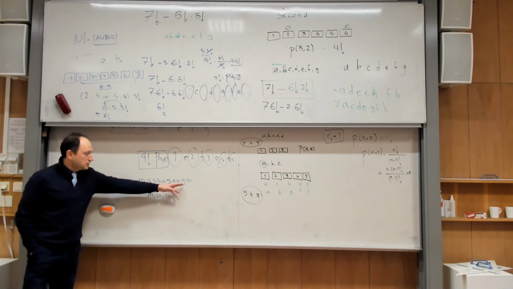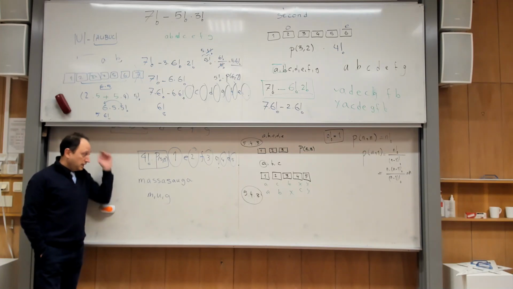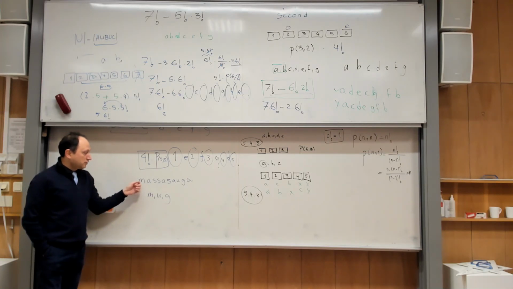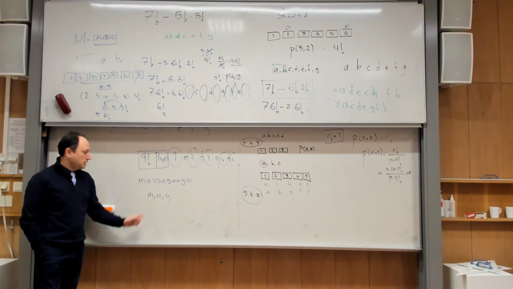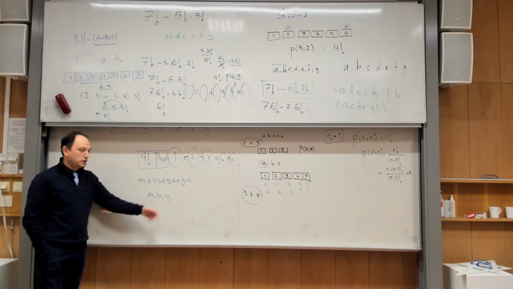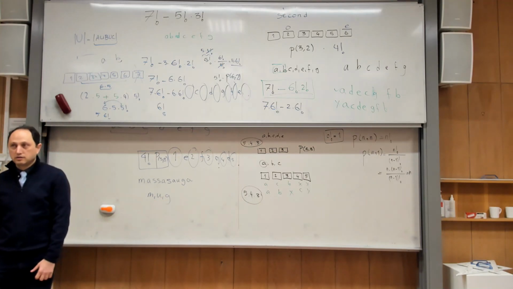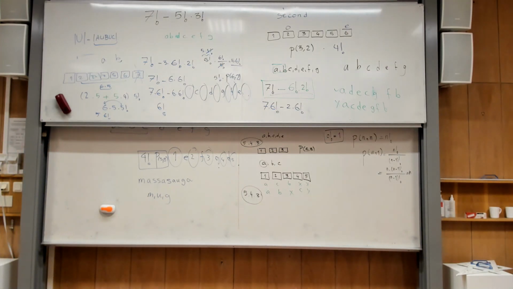So consider this word. In how many arrangements of the letters of this word are no pair of these three letters adjacent? So it means that M and U are not adjacent, M and G are not adjacent, U and G are not adjacent. So in how many permutations do I have this condition?